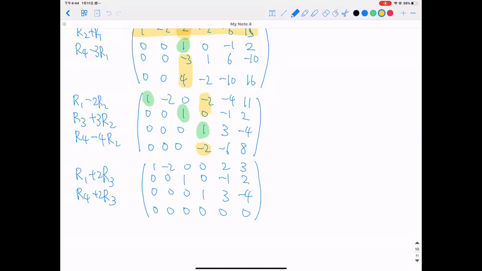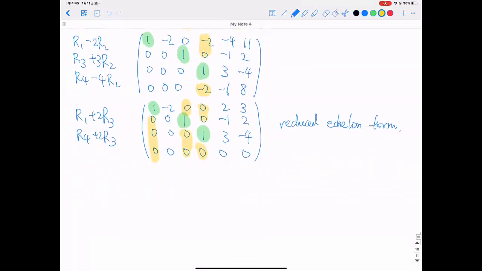Okay. Now again, let's identify the leading ones. Here, there, there. Is it in reduced echelon form? Yes, it is. Okay, reduced echelon form. Okay, very well.